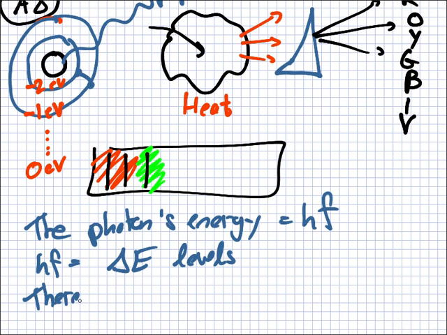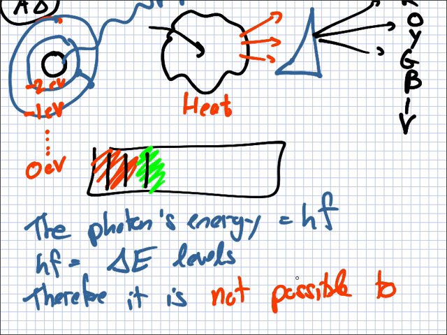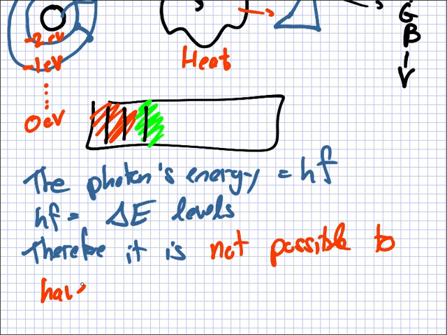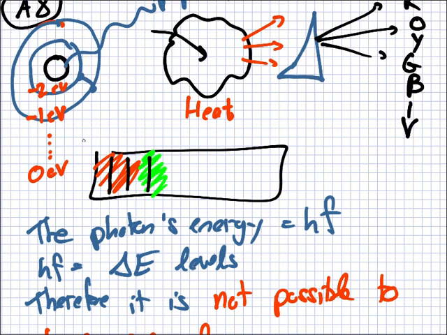Therefore, it is not possible to have every frequency, because you can't have every possible change in energy. Like, for example, could I make half an electron volt?